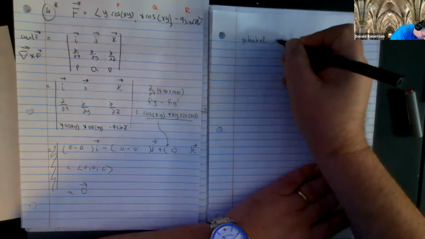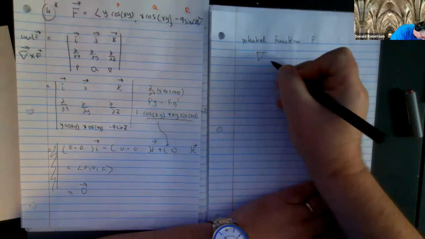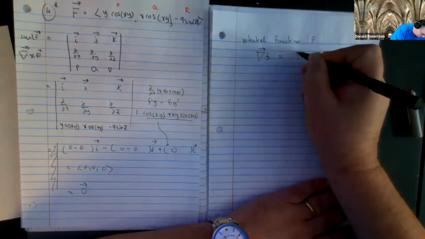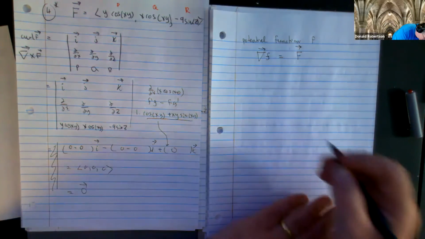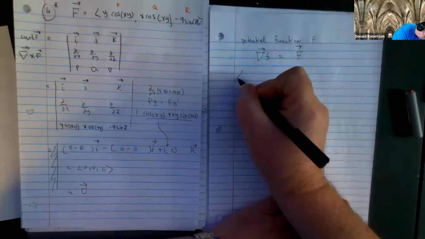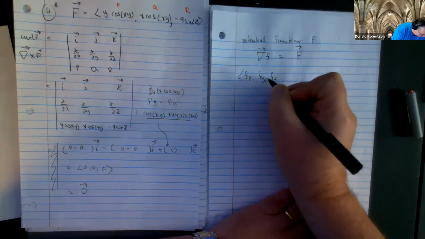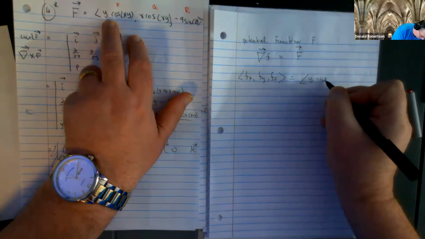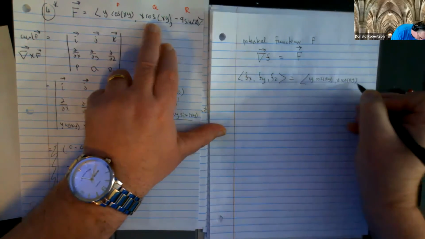And the potential function, the little guy f, has the property that the gradient of f is your vector field. Okay, so partial derivative with x, with y, and with z is going to be P, which is this guy, Q, which is this guy, and R, which is this guy.